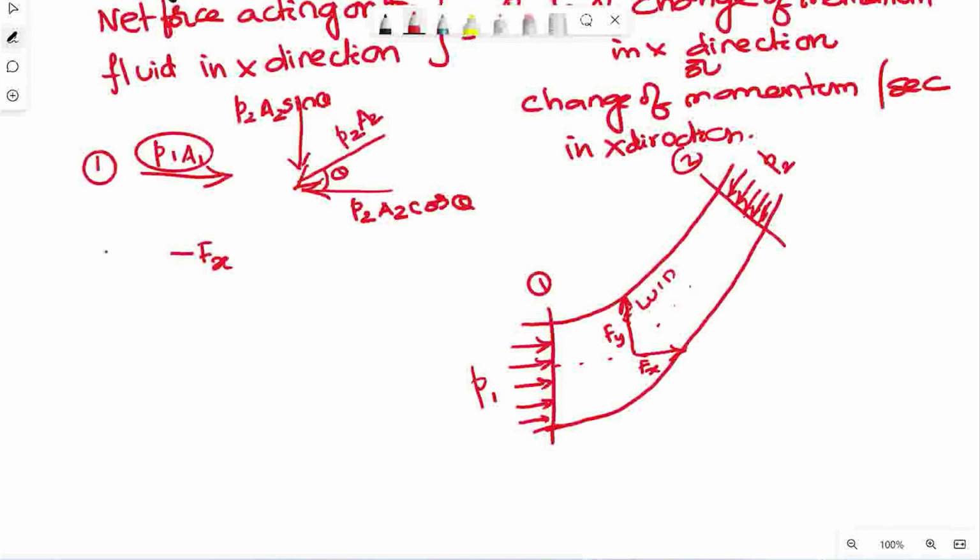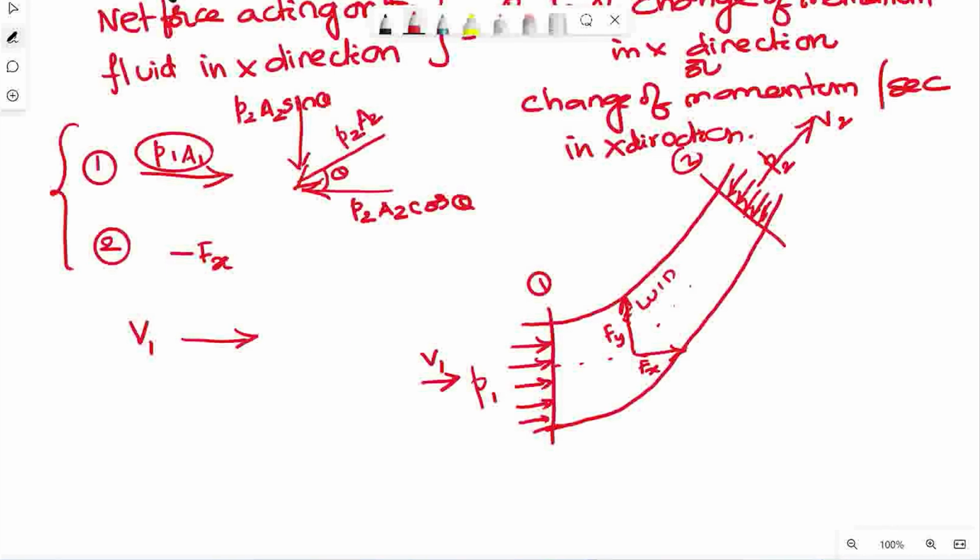So this is the pressure force, and this is the force exerted by the bend on the fluid. Two forces have come. Then what is the next one? The velocity. The velocity component in the x direction at section 1 is directly v1, the velocity at section 1. What is v2? This is how v2 is. That means v1 is acting in this direction.